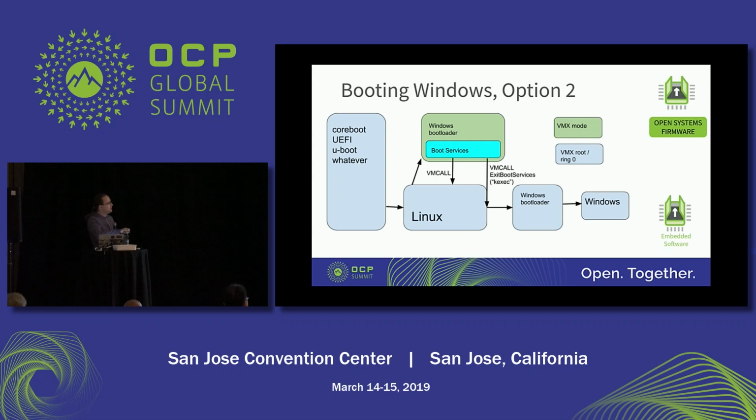And when you get to exit boot services, when you stop needing boot services, you do what kexec does today. You take random bits of user space memory, push them into the kernel, and jump to a certain starting point. I have no idea if this would work, but I would really like to try it. And I imagine there's a bunch of Microsoft people in the audience who might be able to tell me if it's possible.